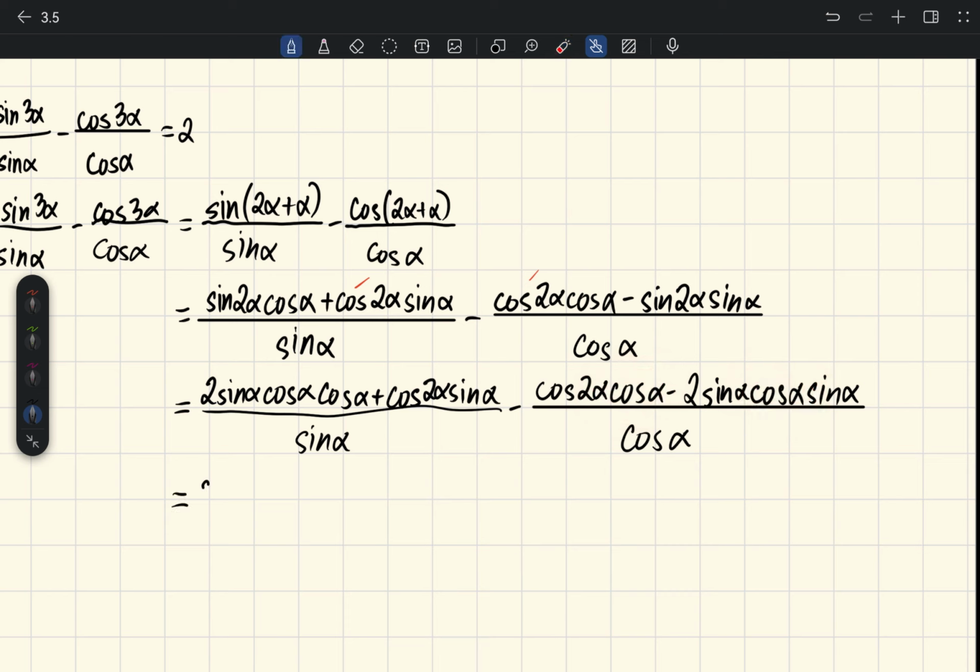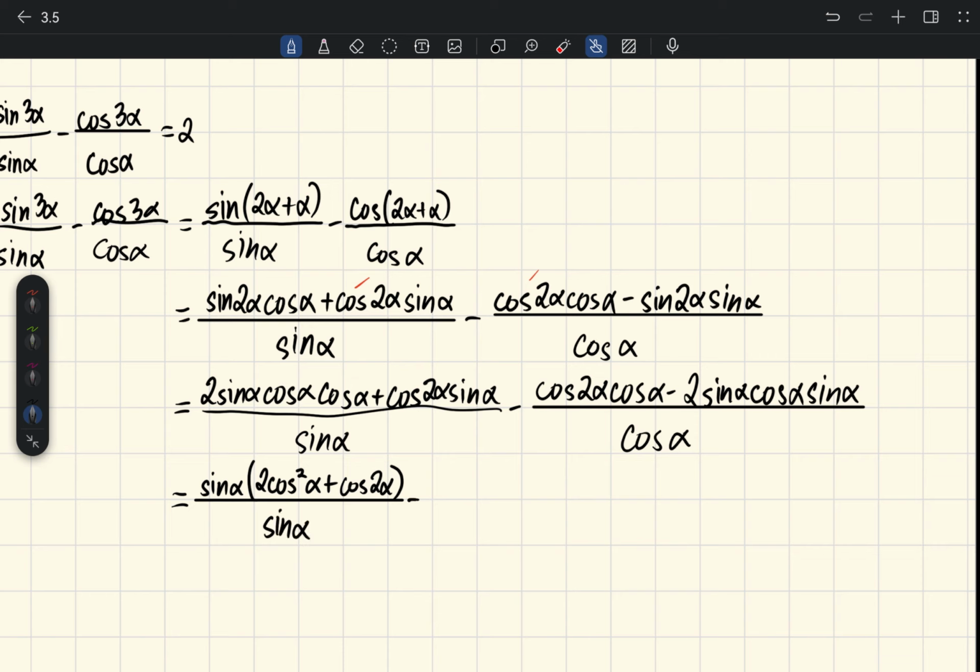For the first fraction, we have sine alpha. And what's left inside, if we remove 1 sine alpha, we have 2 times cosine alpha times cosine alpha. That's just 2 cosine squared alpha. Then plus, here if you remove the sine alpha, you're left with cosine 2 alpha. So plus cosine 2 alpha, and in the denominator you have sine alpha.